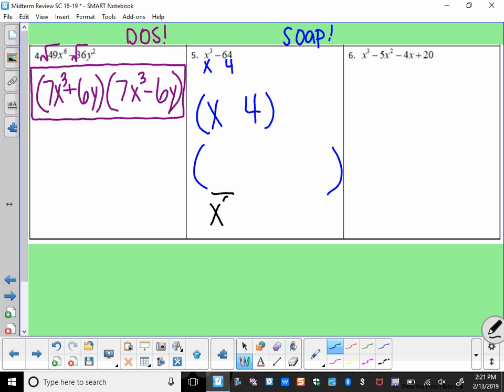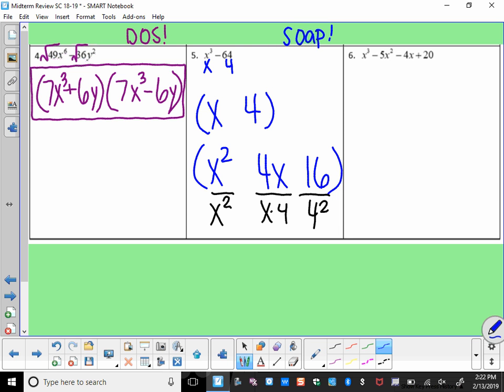So what is x squared? Just x squared. My middle number tells me to multiply my two numbers. What's x times 4? My last number here tells me to square my last number. What's 4 squared?